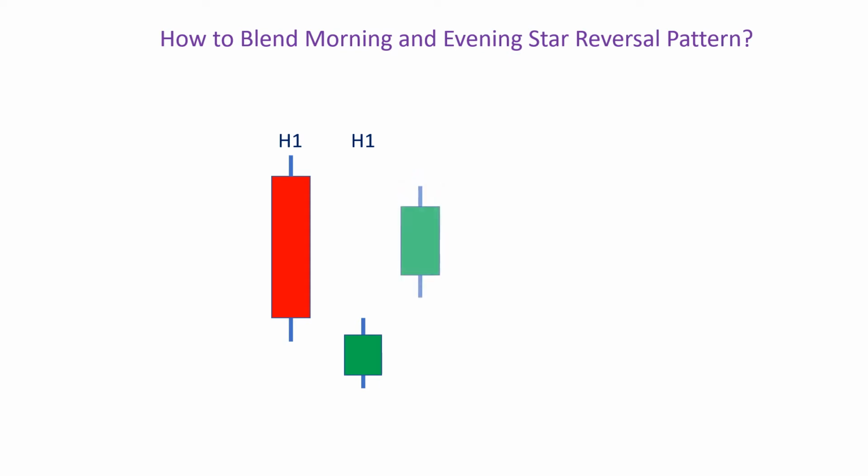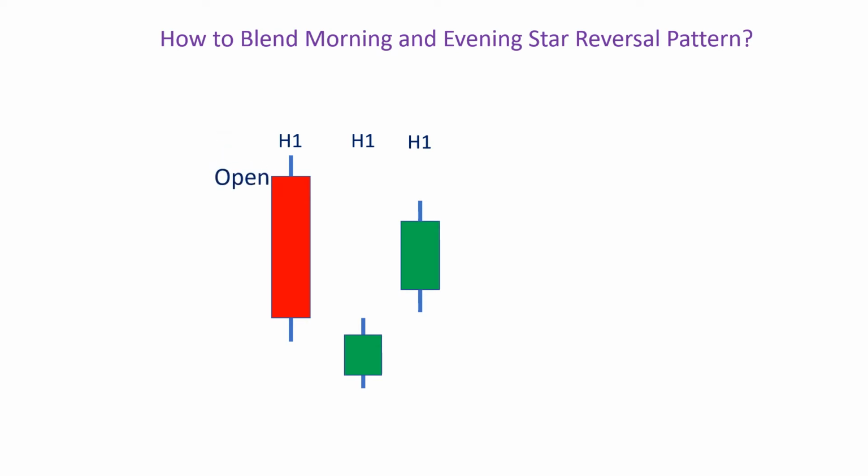How to blend morning and evening star reversal pattern. Let's assume this is a bearish candle with H1 time frame. This is a bullish candle with H1 also time frame, and the third one is again a bullish candle with H1 time frame. Now the rules are still the same.